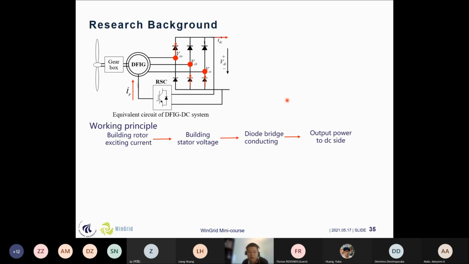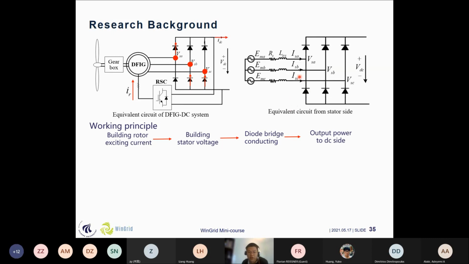And here we can see an equivalent circuit from the stator side. If you have some basic understanding of the DFIG models, this is the air gap side, this is what we see from the stator side, and this is the diode bridge. From the stator side, we assume a sinusoidal voltage established by injecting the exciting current.